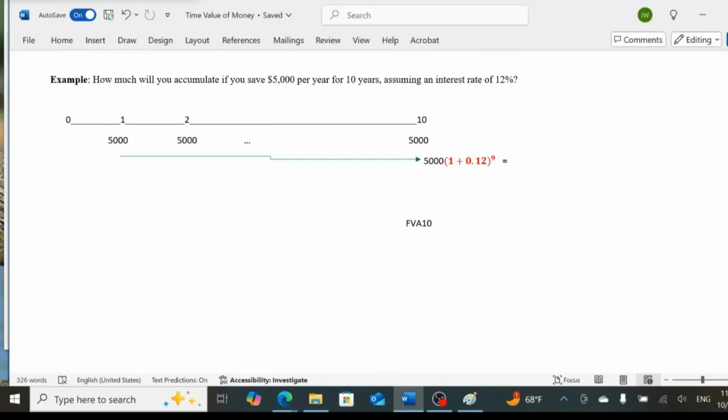So let's figure this out. The first 5,000 will turn to 865.39 if you round to the cents.